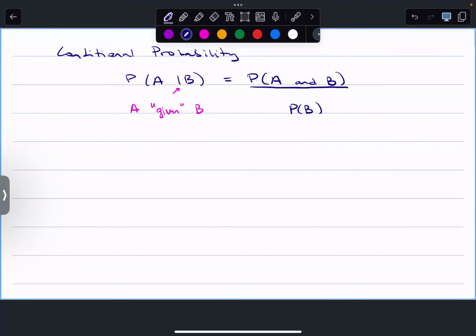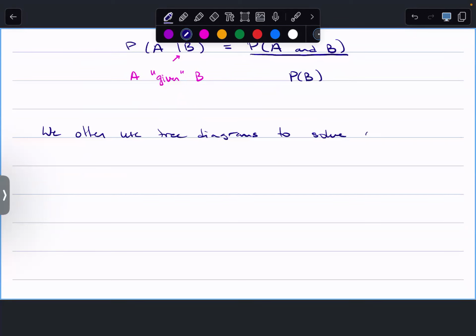And one way to solve conditional probability questions is we often use tree diagrams to solve conditional probability questions.